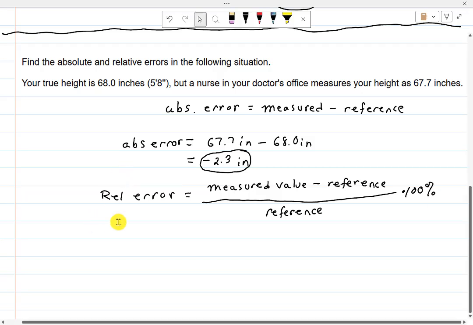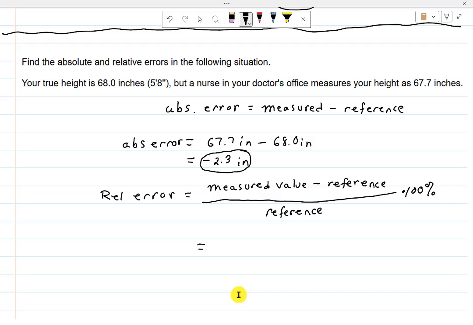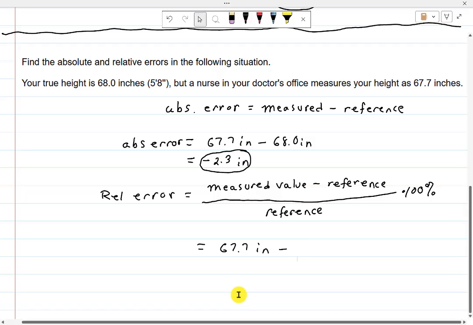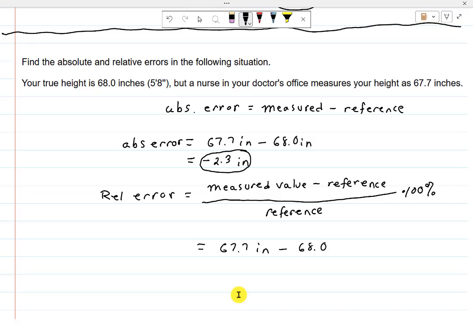So look at here on top of the fraction, the measured value minus reference is nothing more than the absolute error. So let's throw our numbers in here. I'm going to have the measured value is 67.7 inches minus 68.0 inches, divided by 68.0 inches times 100%.